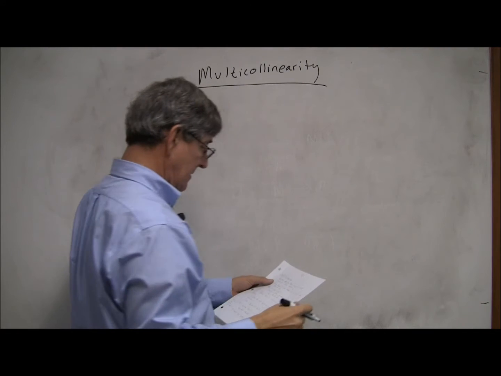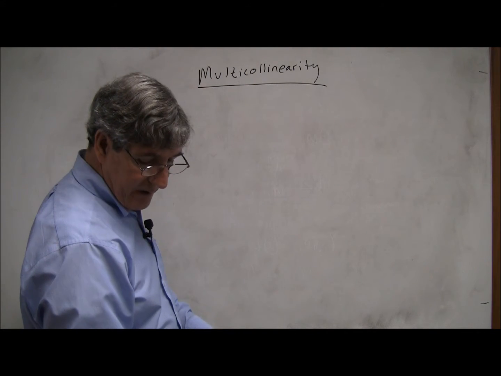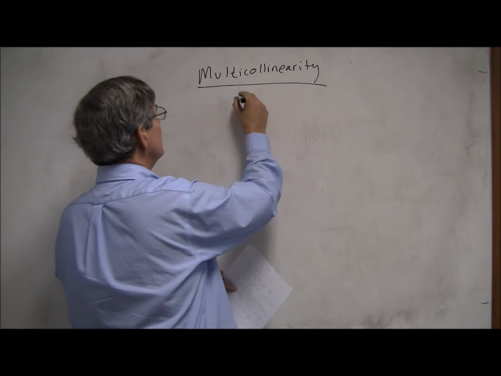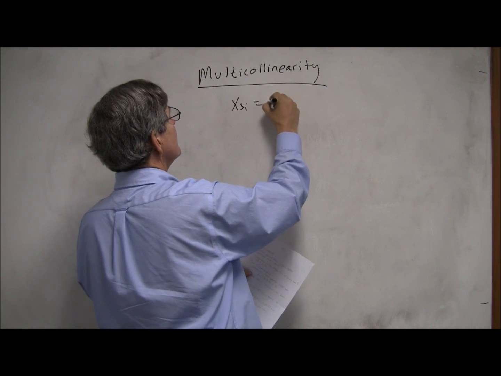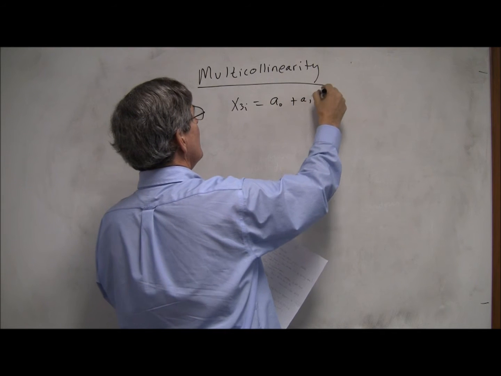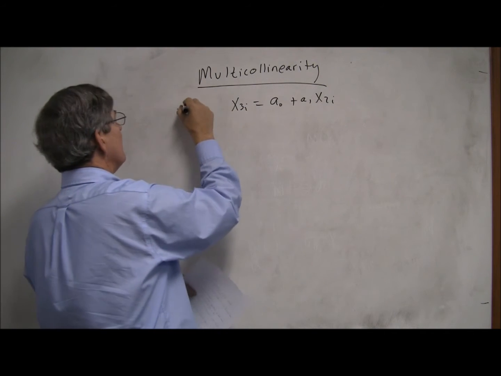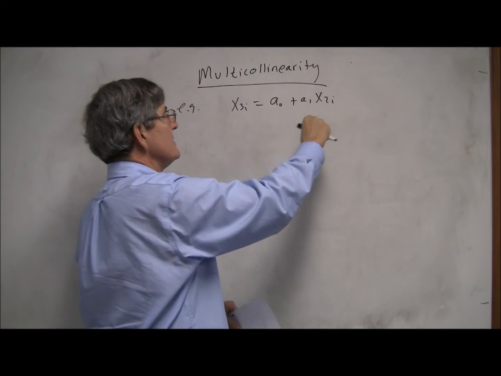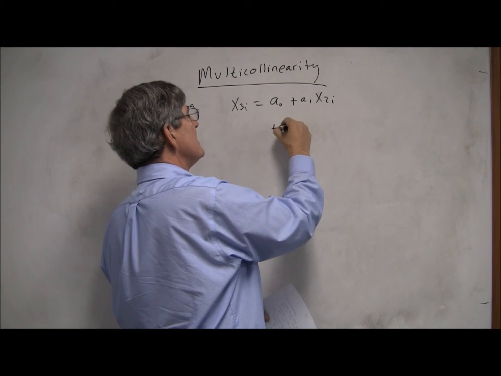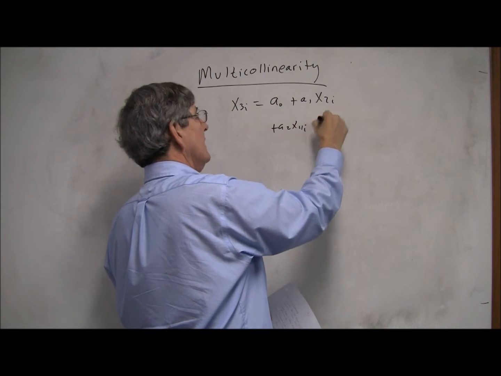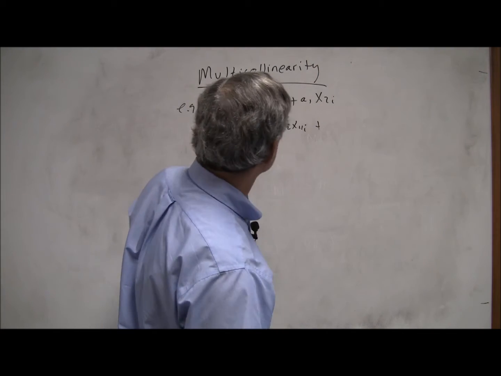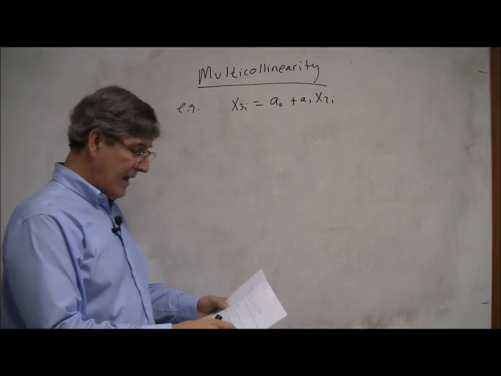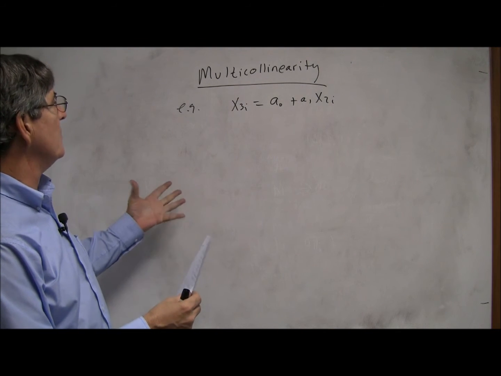So we've already talked about perfect multicollinearity, something like x3i is a0 plus a1 x2i, for example. It's not just x2 and x3. You could have more variables. You could have plus a2 x4i, and you could have all sorts of terms, as long as it's a perfect relationship, as long as there's no error there, then you'll have perfect multicollinearity.